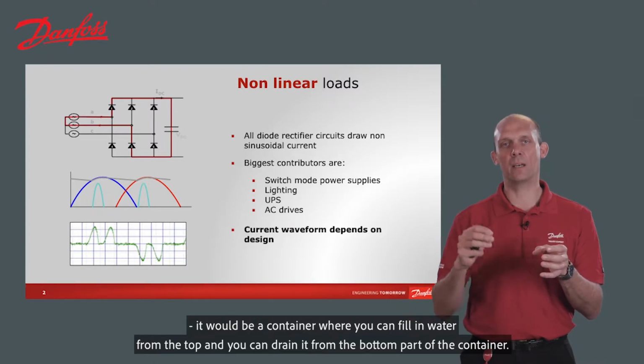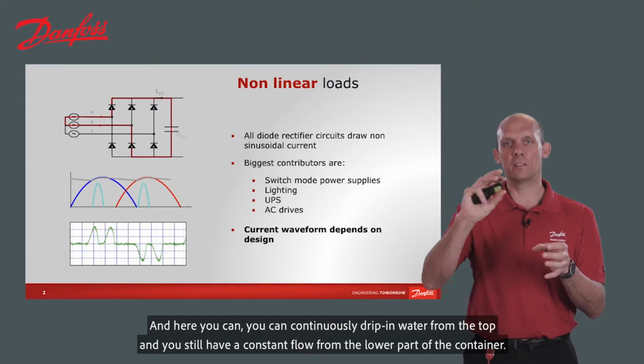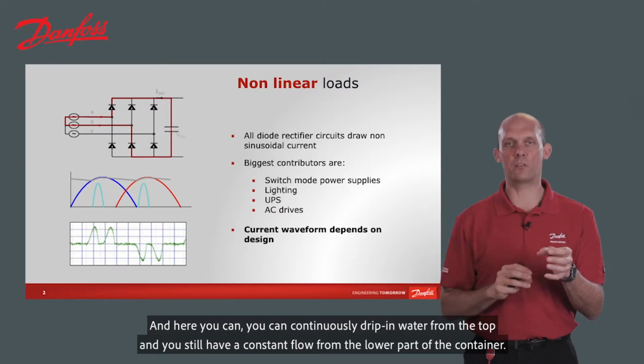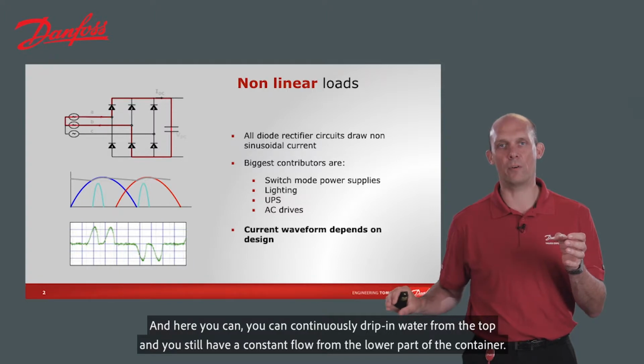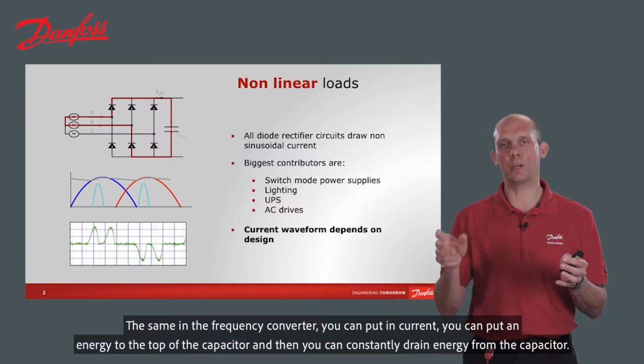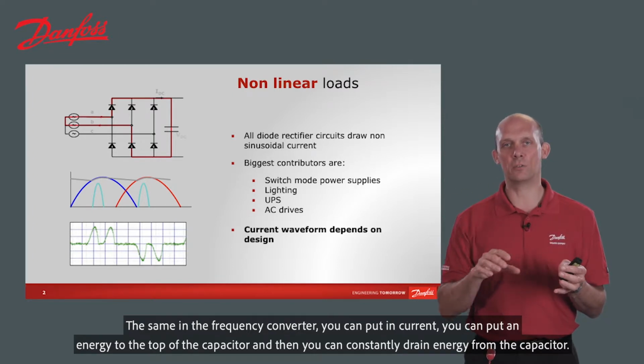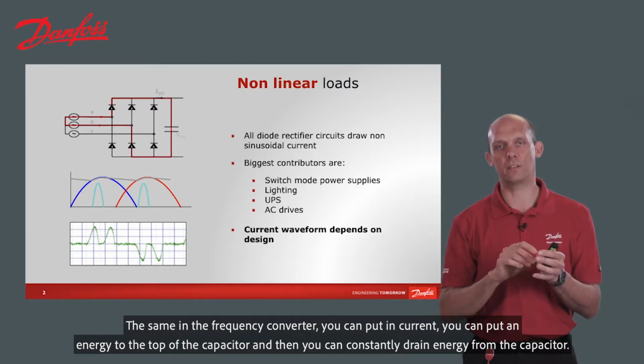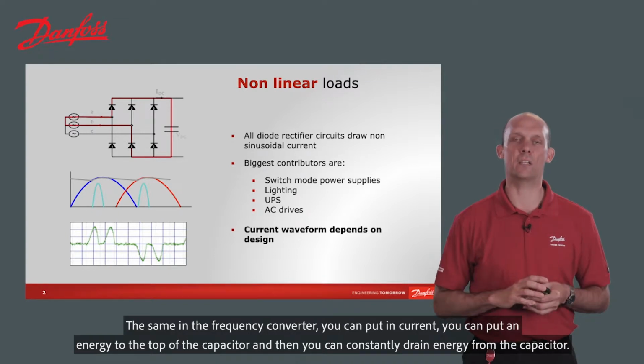You can continuously drip in water from the top and you still have a constant flow from the lower part of the container. It's the same in the frequency converter. You can put energy into the top of the capacitor, and then you can constantly drain energy from the capacitor.